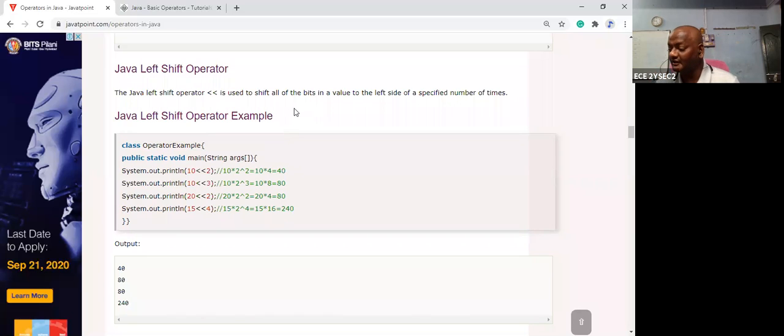Suppose, can you please tell me, let us take an 8-bit operation. I want to show you on the Word sheet, MS Word.